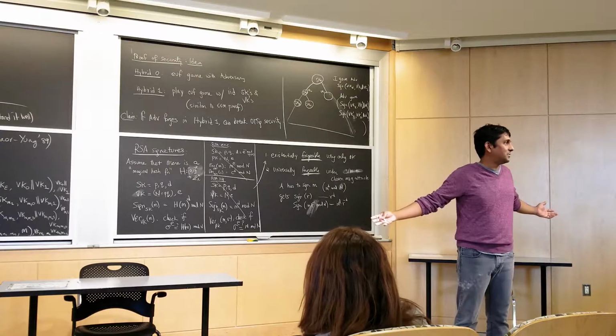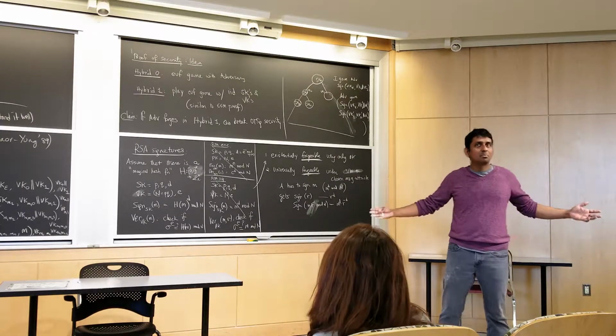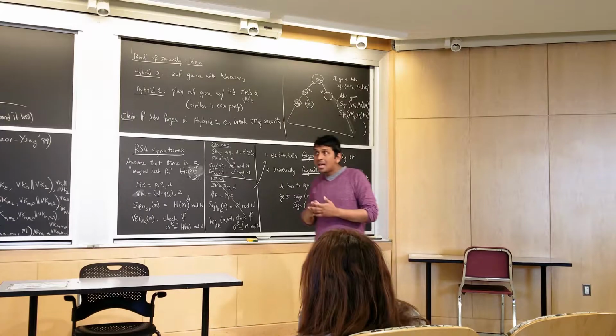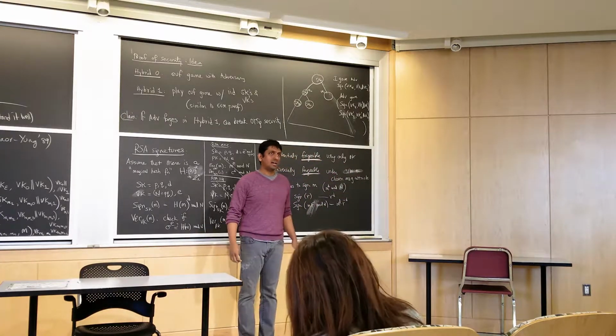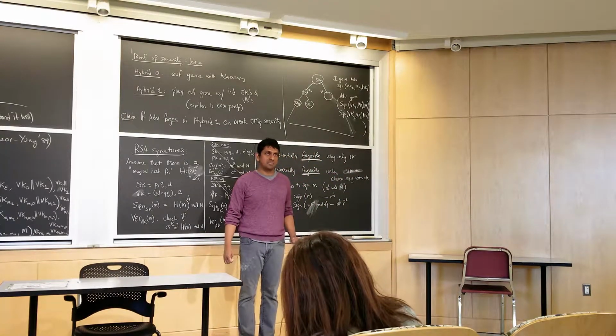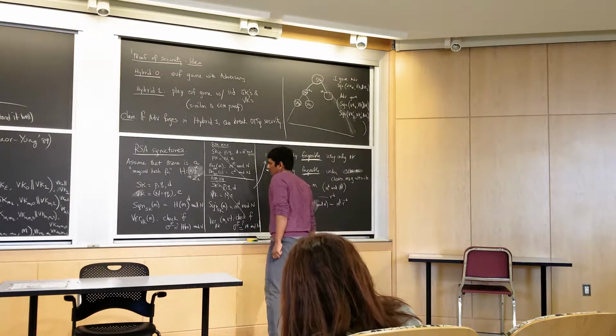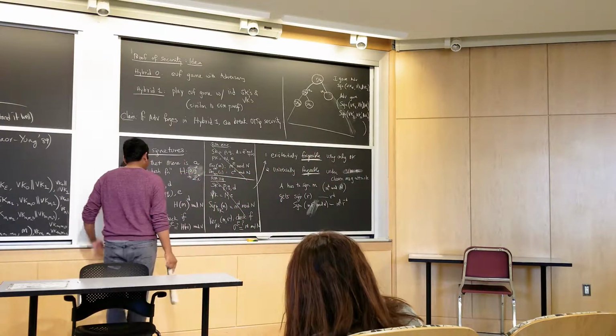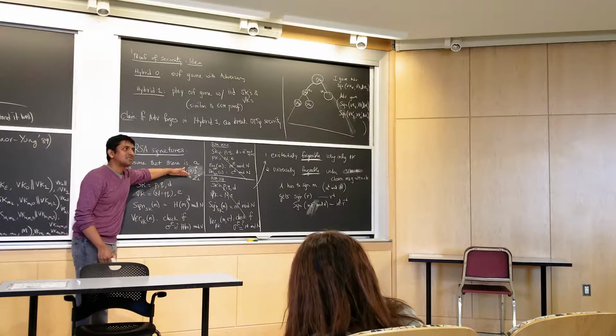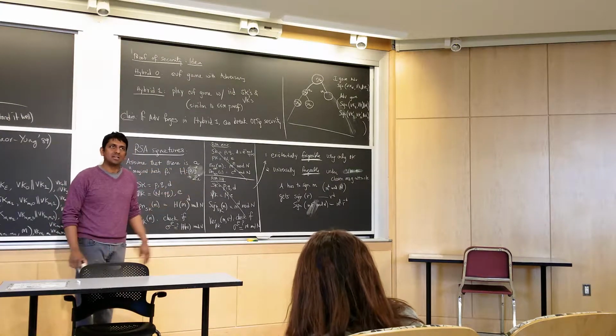So we have to prove security against arbitrary polynomial time strategies. Then the question is, what do I need from the hash function so that I can do this?